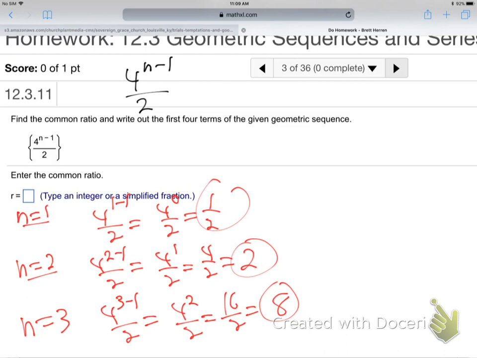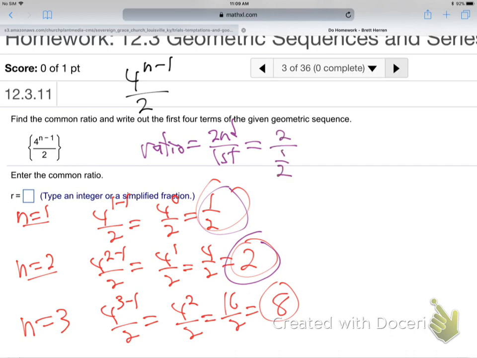So what is the common ratio? Yeah, it's 4. Can you tell it's multiplying by 4 every time? If you're at all unsure, just divide any two consecutive ones. So I'll just take second term over first term, but you can do third term over second term. It doesn't matter. So 2 over 1/2. Second term over first term.